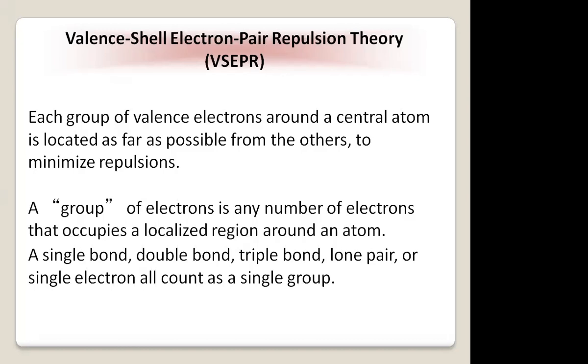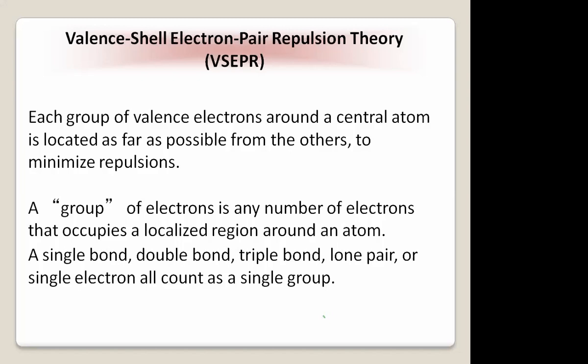Then the second concept is that a group of electrons, any number of electrons, occupies a localized region around an atom. What that is trying to say is that when you have a central atom, there is a grouping of the electrons as they occupy a localized region.